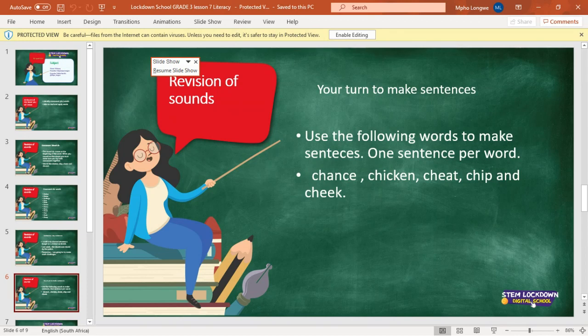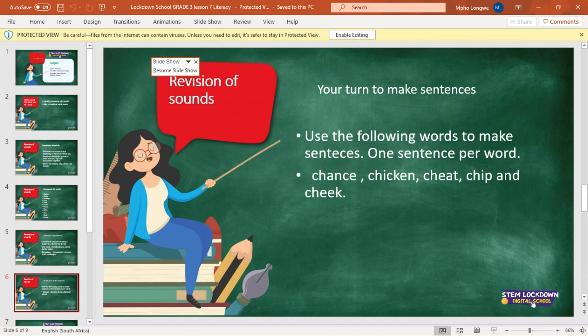Now, before you start the sentences, what is chance? Chance is like an opportunity, or when you are given a turn or allowed to do something.